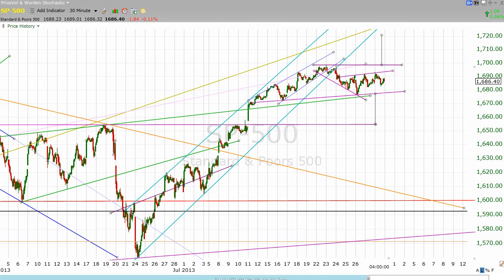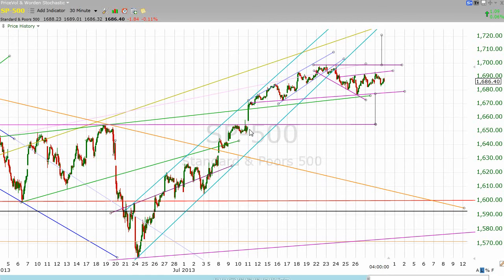Okay, we're starting out here with the 30-minute chart just to kind of give us our context. The first thing is, at one point I thought we may be having a left shoulder, a head, and then we would get a right shoulder forming that would take the markets up to about the 1750s.